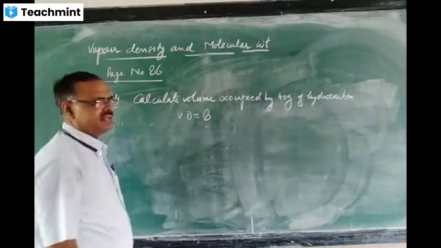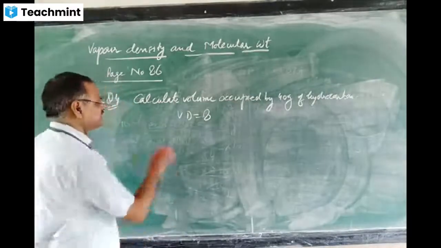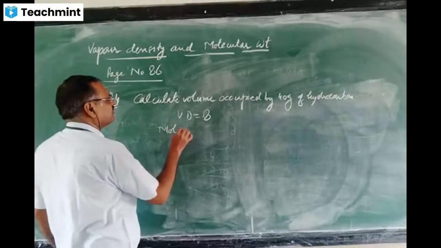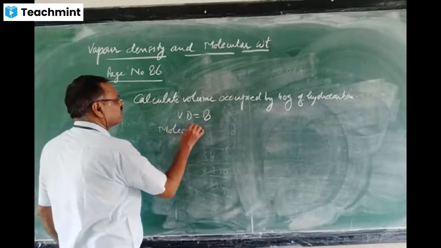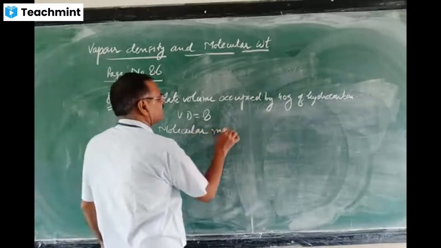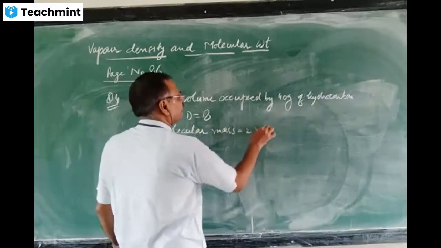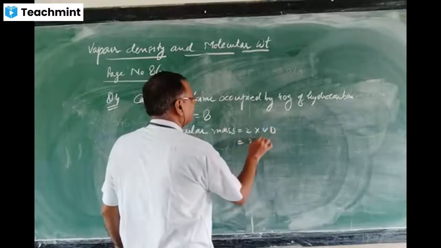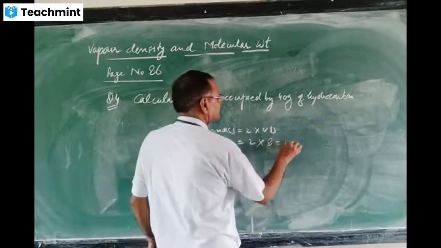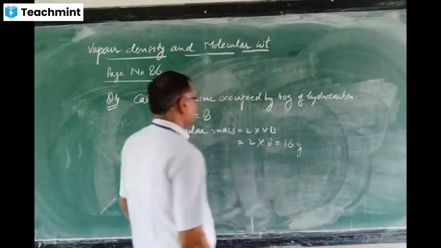If the vapor density is given, you can calculate the molecular mass. So molecular mass is equal to 2 into vapor density, then 2 into 8, 16 gram.